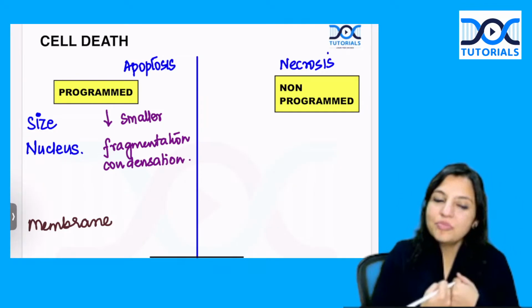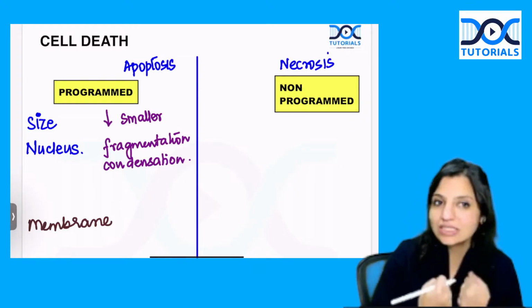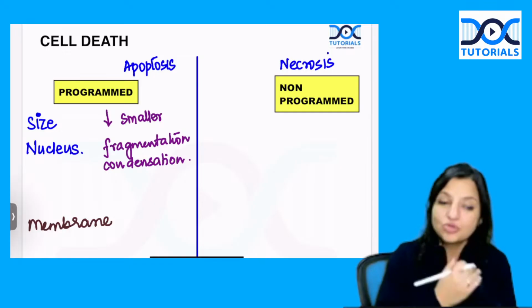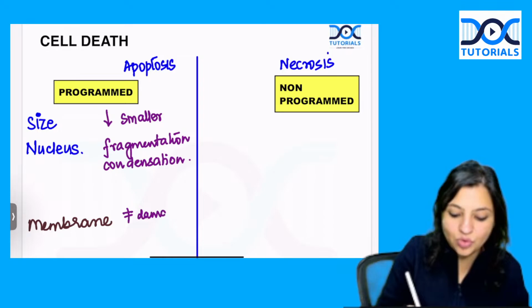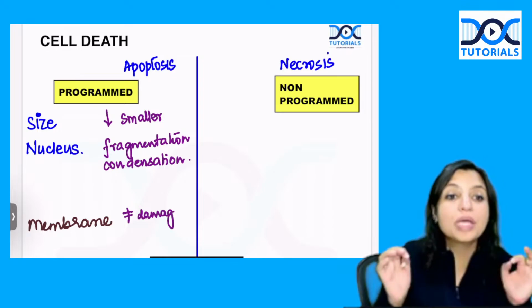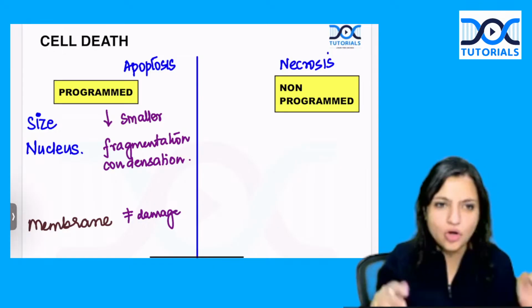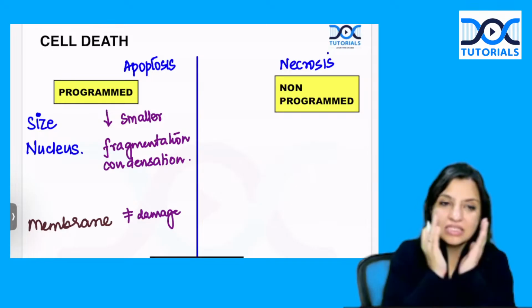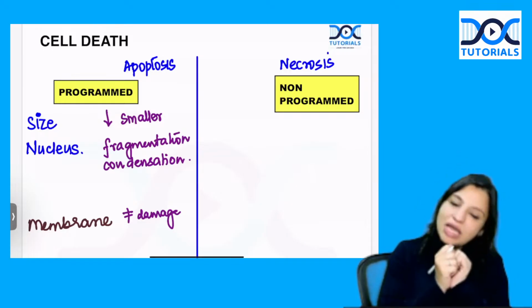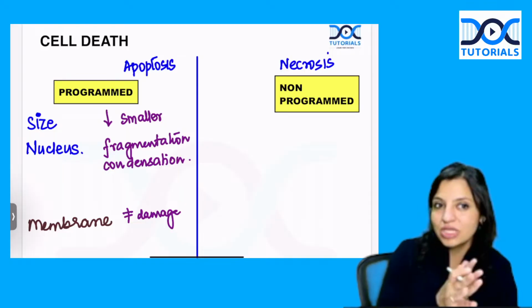Then what happens? Obviously, when the cell wants to kill itself by suicide, it will say, I will never damage my membranes. So membranes will never get damaged. Obviously, the cell wants to die in the most painless manner. So there'll be no damage to the cell membranes. When there is no damage to the cell membranes and the cell is becoming smaller, he's depressed, nobody comes to know that he's going to do suicide.